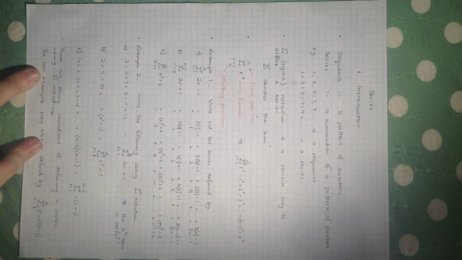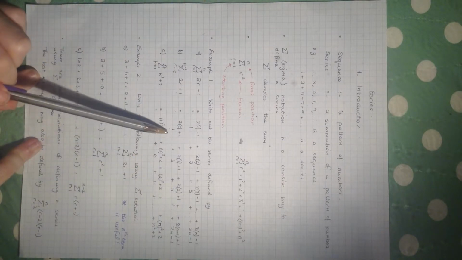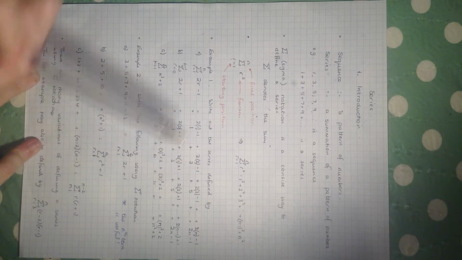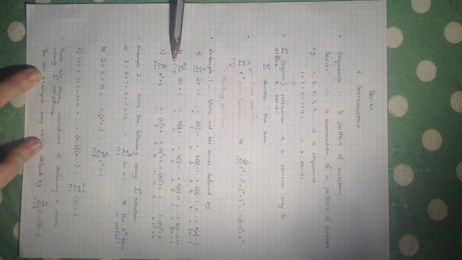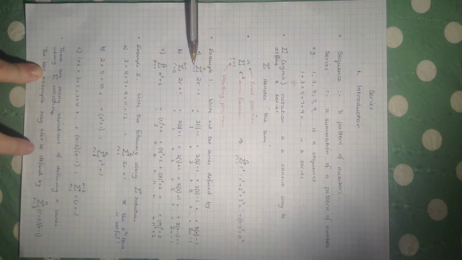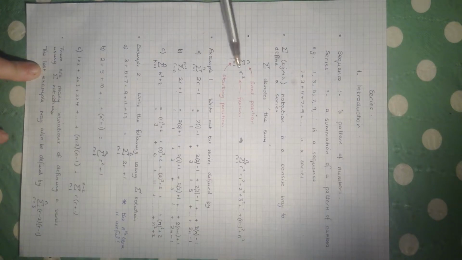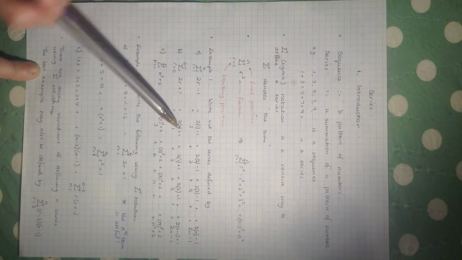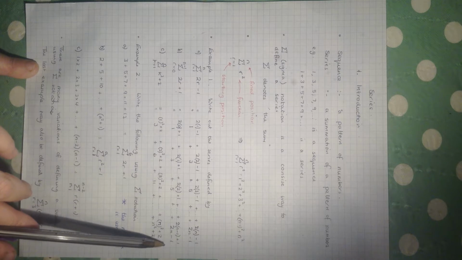It's a good place to note that these two series come out the same, even though they've got different sigma notation. So depending on how you write out your sigma notation, you could have the same series deriving from it.